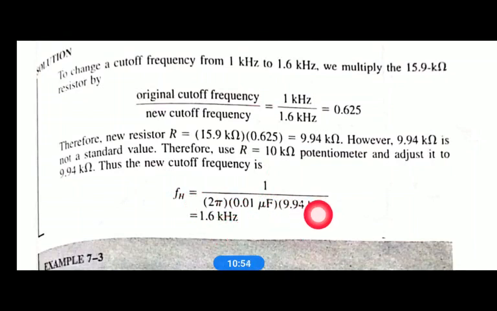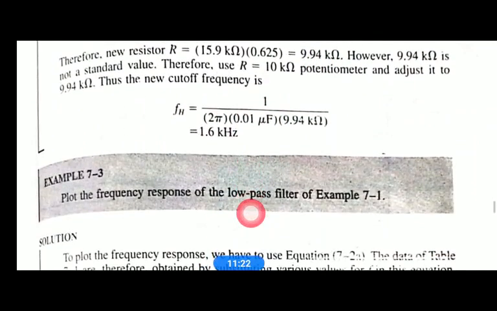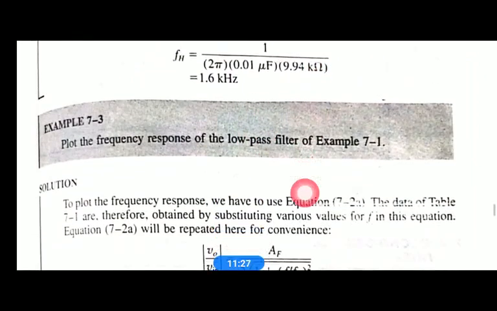We are verifying in reverse that for R equal to 9.94 kilo ohm we get a cutoff frequency of 1.6 kilohertz, and it is true.